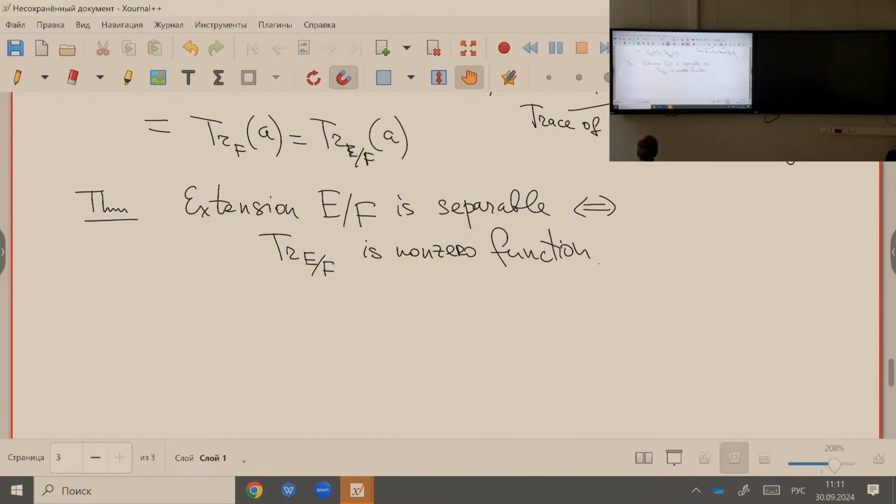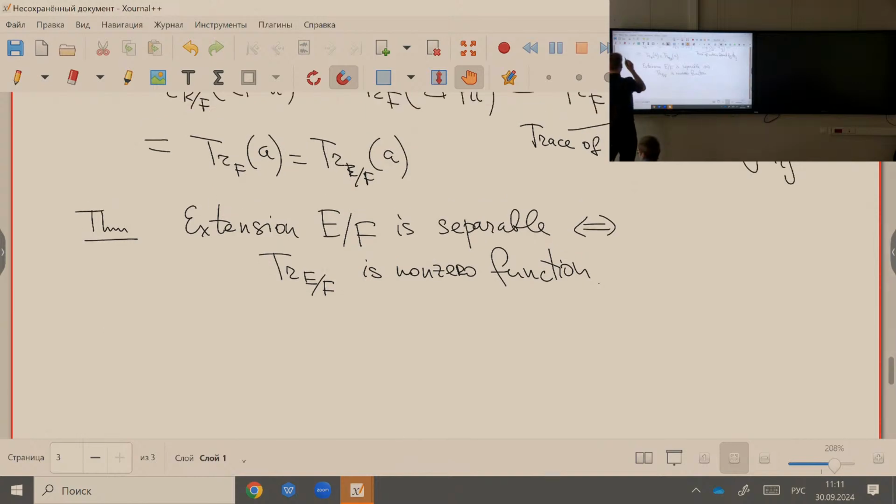I want to show you how to prove it in any characteristic, because from my point of view it is a rather non-trivial statement. In zero characteristic it is not so complicated if you know, for example, the theorem on the primitive element. Let us recall it anyway. That will be important for us for one of the reductions of the primitive element.